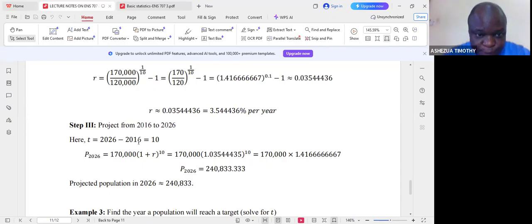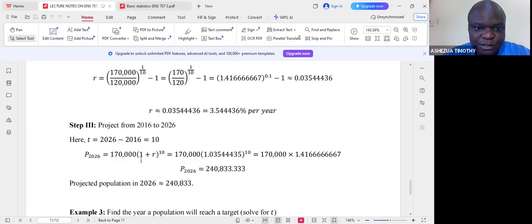So we want to project the population now. And I told you the formula is P naught into 1 plus R, bracket close, raised to the power T. So our base population is 170,000, that's our P naught, into 1 plus R. And we computed R here.